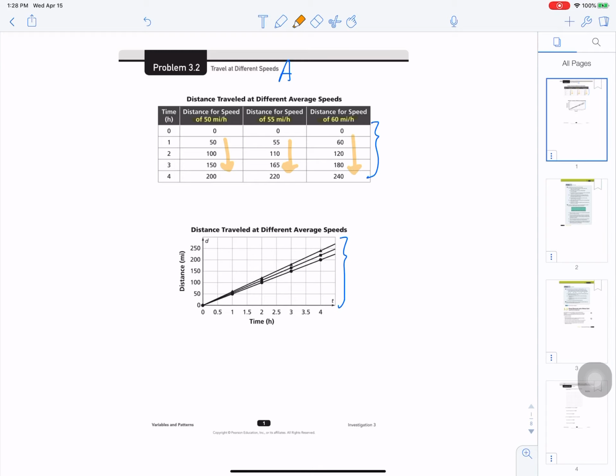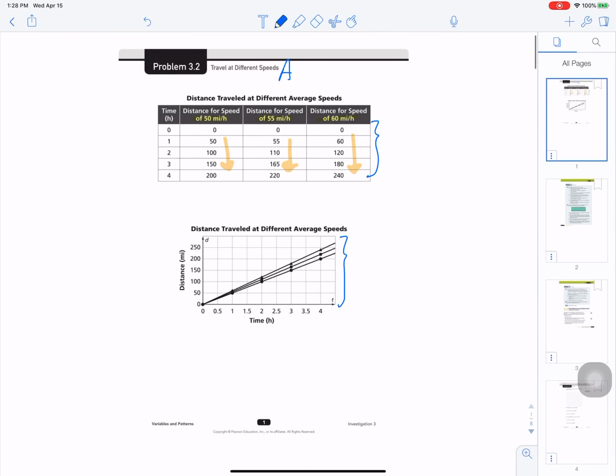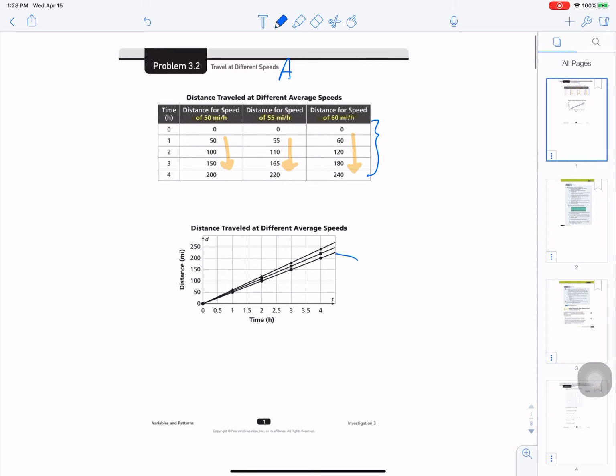And that would be shown in the graphs, where you see this first graph here, that's the 50 miles an hour. Let me get rid of the bracket. This is the 50 miles per hour. And a little bit faster would be the 55 and then the 60. And you can see how that 60 is what we would call a little more steep in the graph. Okay, that is steeper.